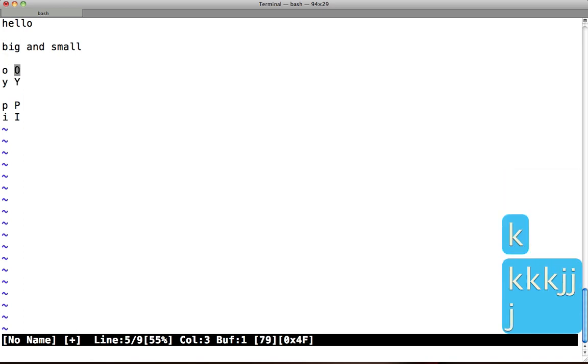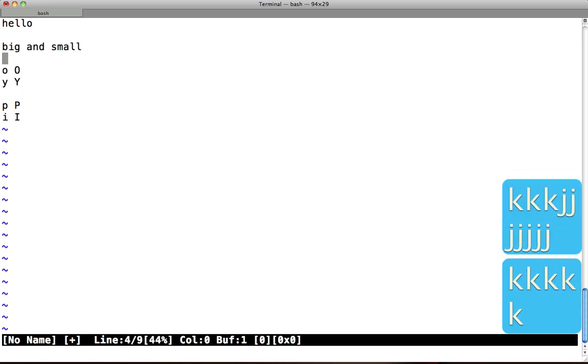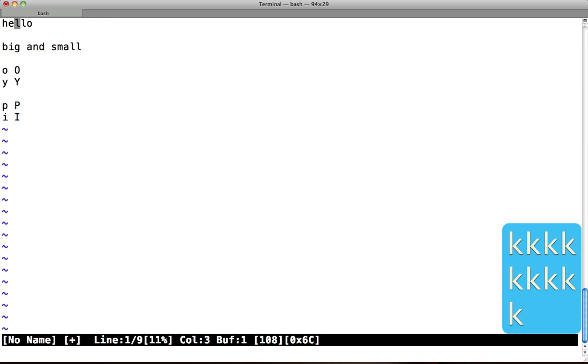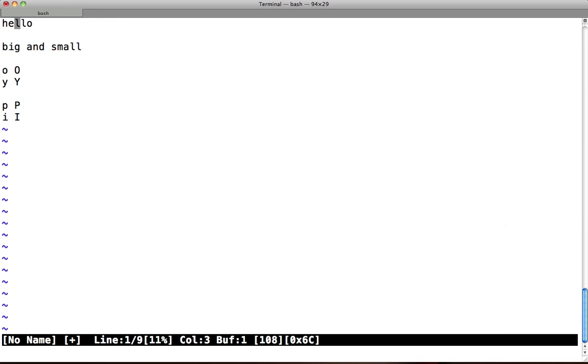But why are they so important? Let me show you. First, let's talk about how to go into insert mode from normal mode. The most often used one is i, but do you know what big I is? You type small i and you insert right before the cursor, and if you type big I, then you start your insert at the beginning of the line.